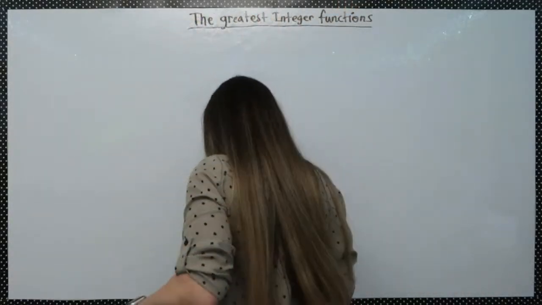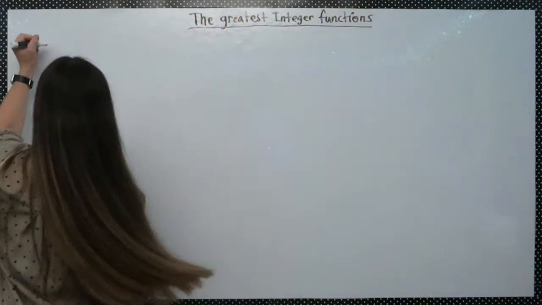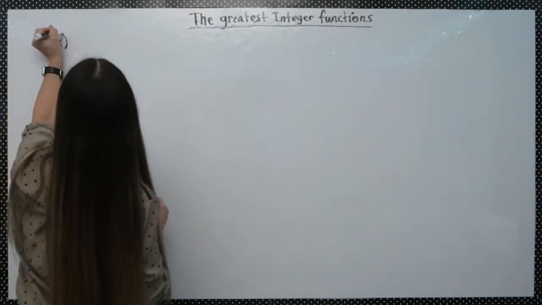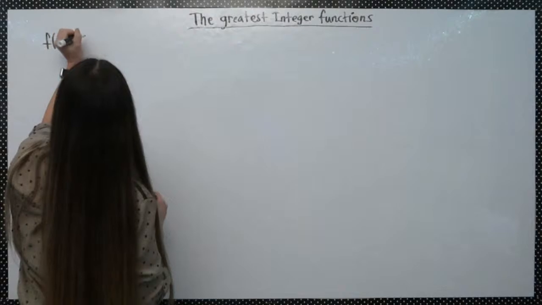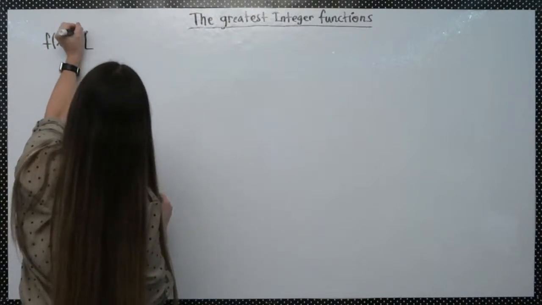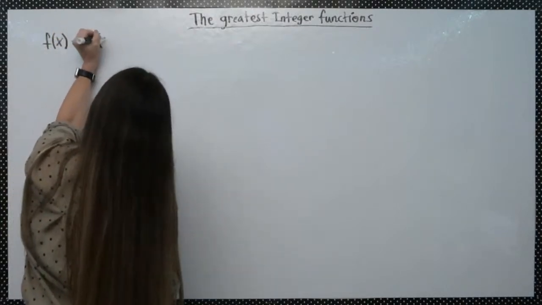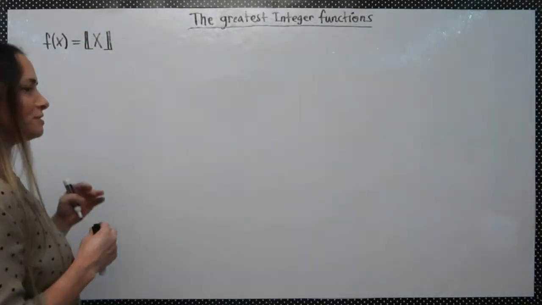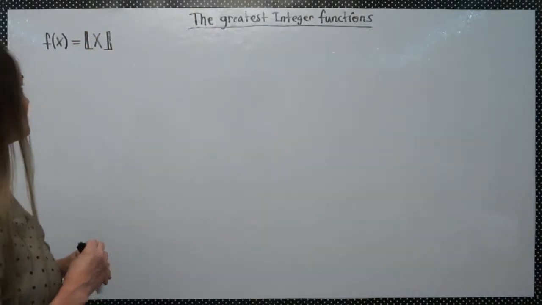All right. So I'm just going to roll with it so that we have the greatest integer function, and f of x is the floor of x. And that is the notation for the floor function.